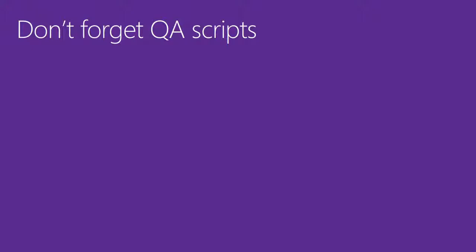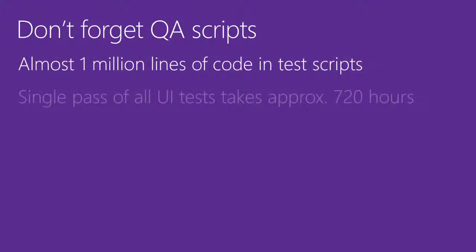Last but not least, let's not forget our QA engineers. Do we have any QA engineers sitting in the crowd? No? All developers? Okay, it's a developer conference. But don't forget our colleagues. We have 1 million lines of test scripts, and a single run of all UI scripts takes about 720 hours. You say, oh, just farm it into the cloud, maybe done in 1 hour or whatever.